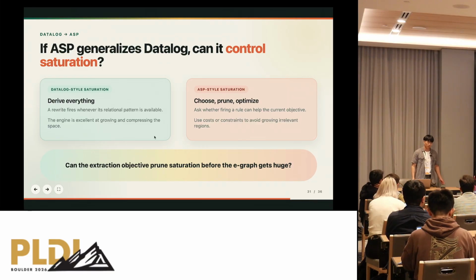ASP is likely to be able to control the saturation, instead of always doing the fixed point computation. The non-monotonic reasoning part of ASP makes it possible to prune something earlier, instead of always doing the saturation until reaching the fixed point.